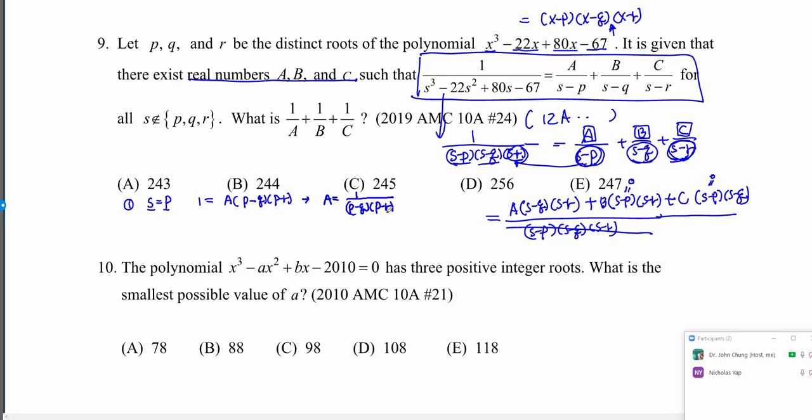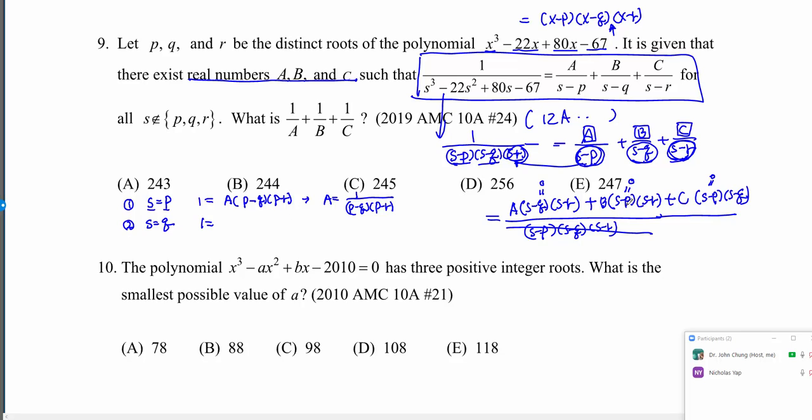Okay, that's it. The next one, the second term. Now S is Q. Take a look, S is Q, so the first term is 0. Now we have to find B. S minus Q is 0 in the first term. The next one is 1 equals how much?